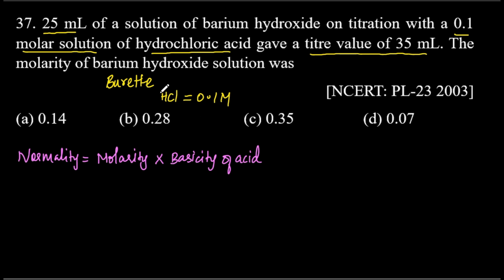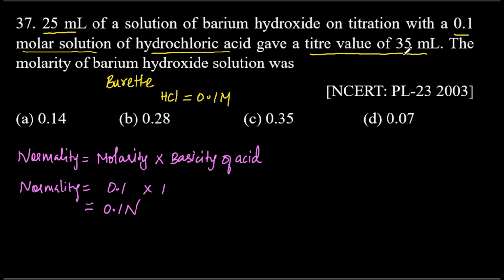Basicity of acid is nothing but number of ionizable H+ ion. In HCl, the basicity is 1. So the normality of the known solution is, molarity is given as 0.1, 0.1 into basicity which is also 1. So the normality is 0.1 N.